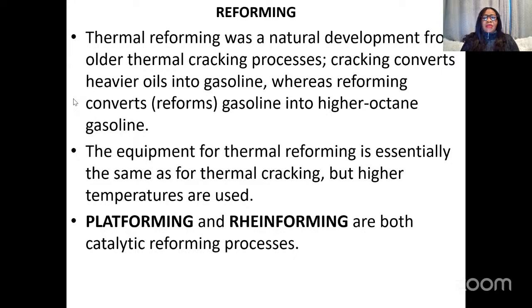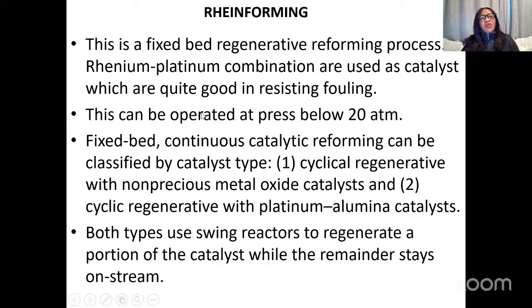Those are three types of reforming processes. Platforming and rheniforming are both catalytic reforming processes. Thermal reforming, as the name implies, is just thermal, while these other two are catalytic reforming processes. So rheniforming is what we're looking at now.